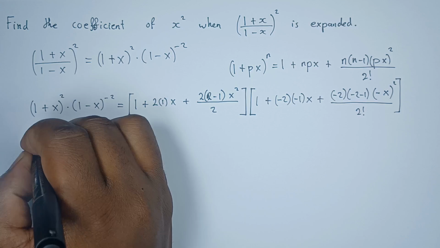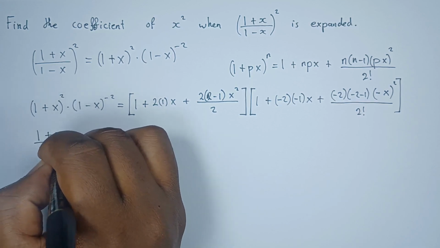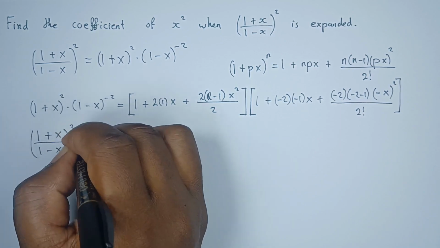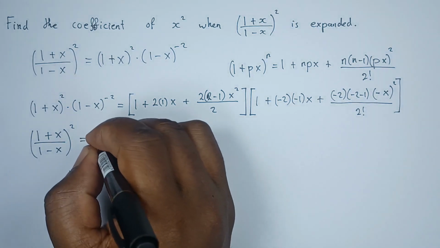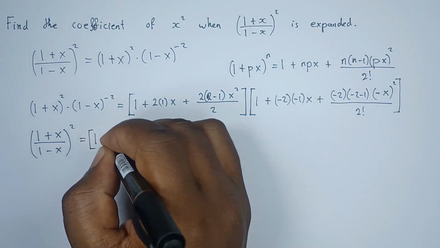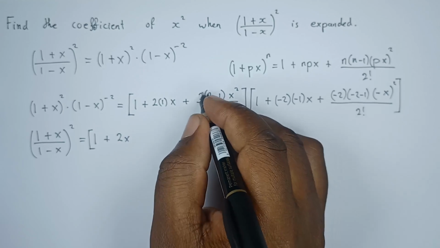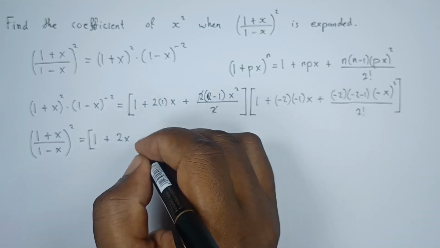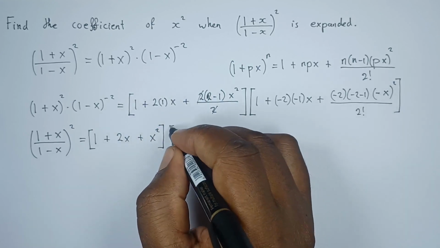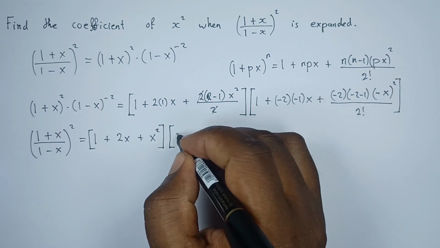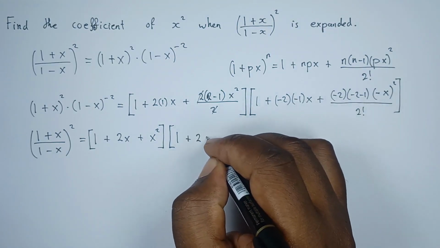So I can write this now as the original, (1 + x)/(1 - x) raised to the power 2, which is equal to, let me simplify what I have: 1 + 2x + x squared. Here the 2 cancels, so this is just 1. This whole thing is multiplying with 1 minus minus, so it will be positive 2x.